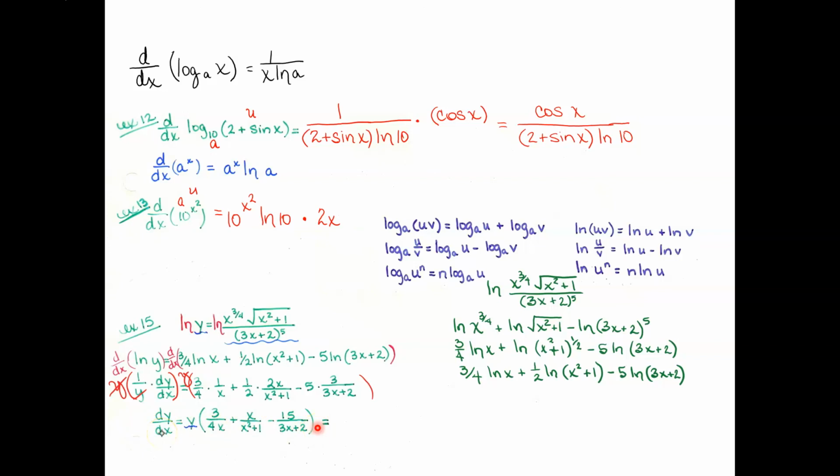The derivative has to be in terms of x, and that is not an x. That's a y. Well, remember back in the very beginning, they told me what y was equal to? It was equal to this whole big quotient. So all I need to do is just replace y with what we started with up there. Now we have the derivative, and everything is in terms of x.